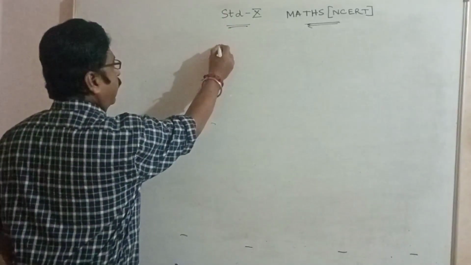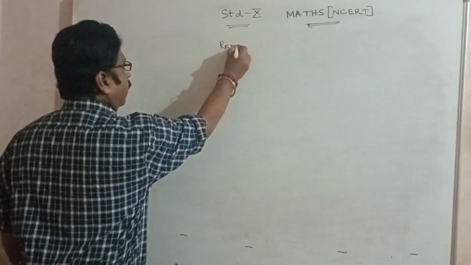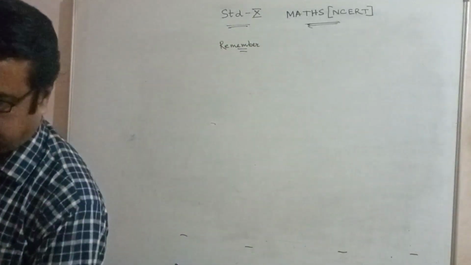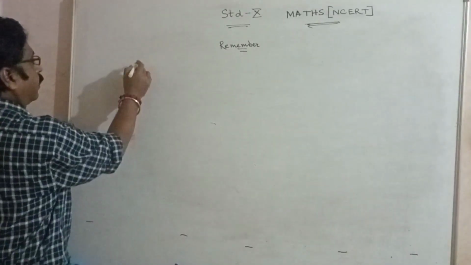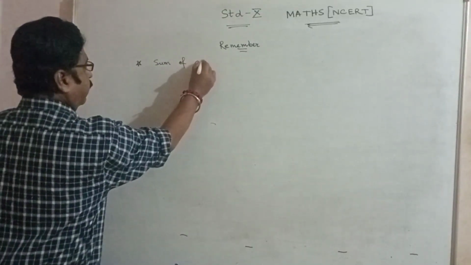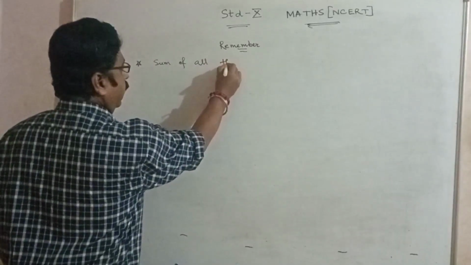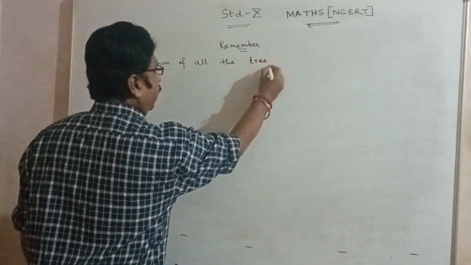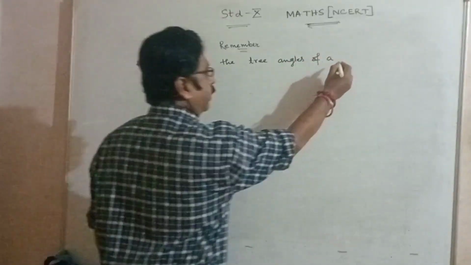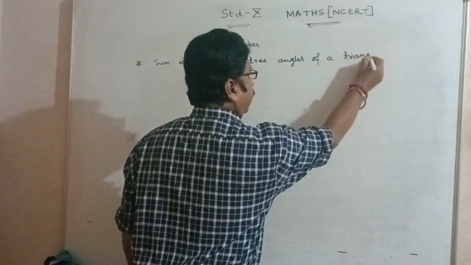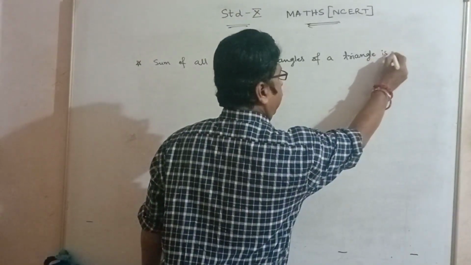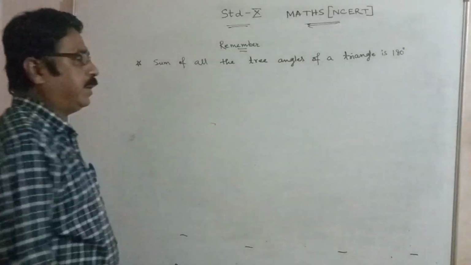Few points you should remember. Sum of all the three angles of a triangle is 180 degrees.